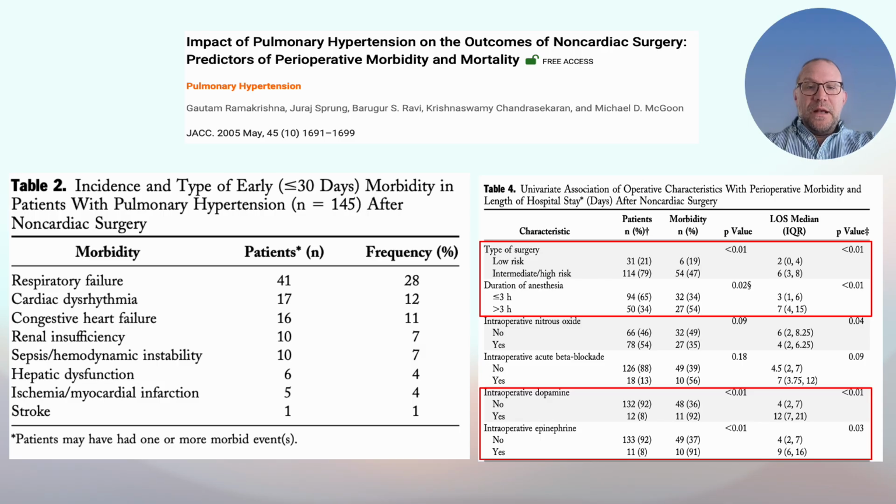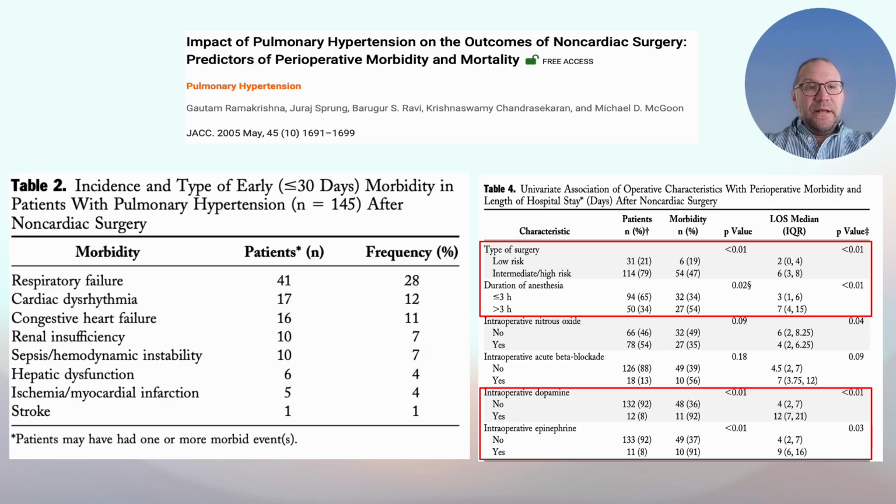The authors had a database of PH patients of just under 1,300, and of those, 145 patients had precapillary PH. So we'll talk about the different groupings, but groups 1, 3, or 4, and their baseline RV systolic pressures were around 68, as measured by echocardiography.